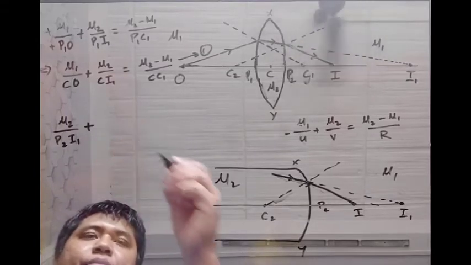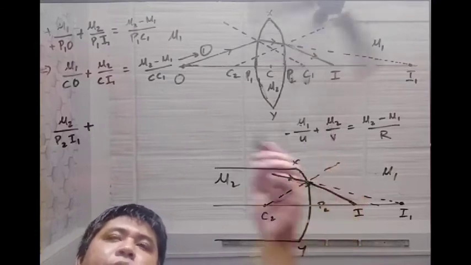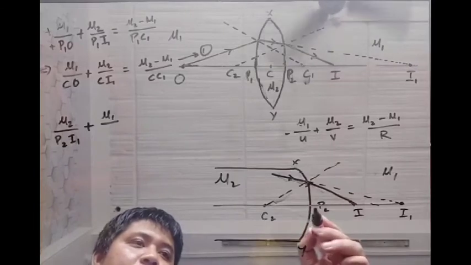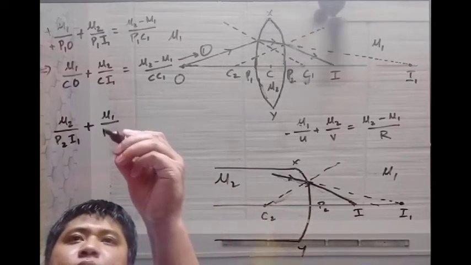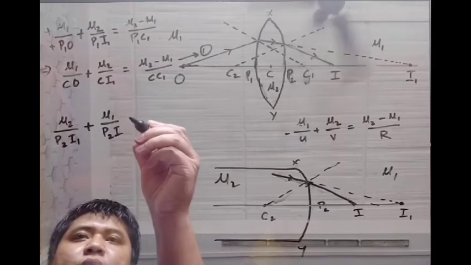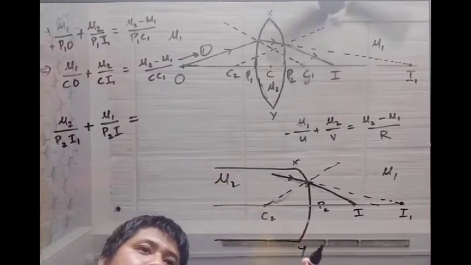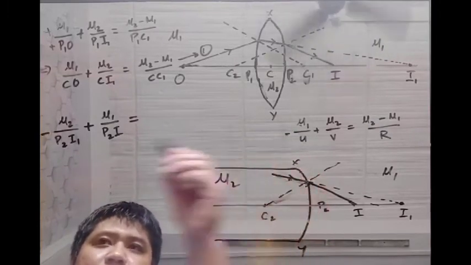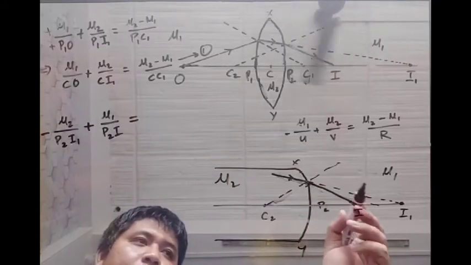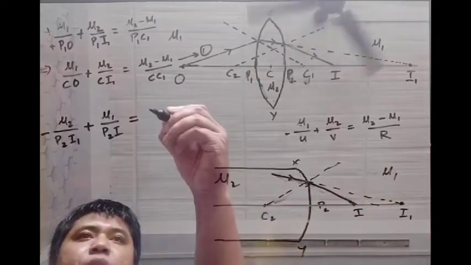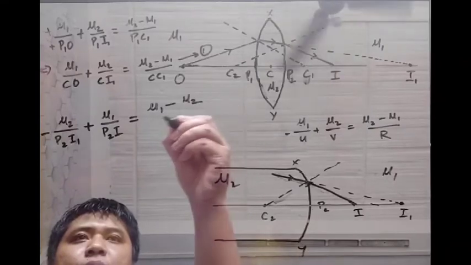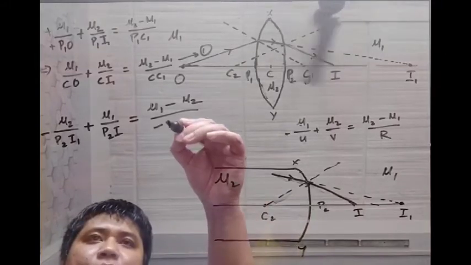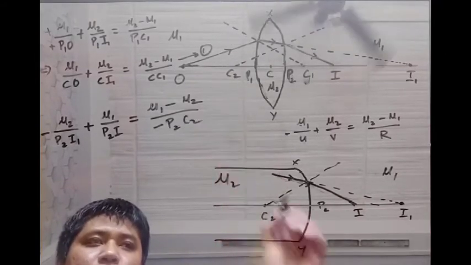Plus mu2 will be mu1. Mu1 by v, this is the final image, P2I. It is positive. Equals to, oh, this will be negative, I forgot. Mu2 minus mu1, so it will be mu1 minus mu2 by r, the radius is P2C2, it is negative, minus P2C2.